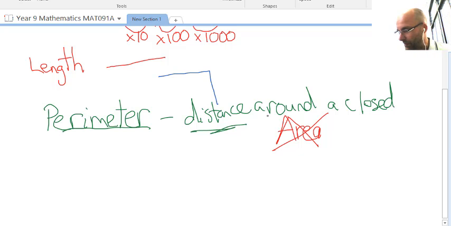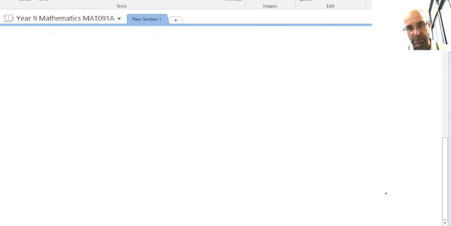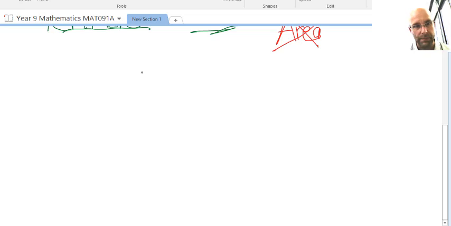So what else do we need to know? Well, finding the perimeter of a simple shape is something you should already know how to do. The thing about perimeter is that sometimes we teach our students to remember a whole lot of formulas for perimeter. I generally don't. Like for a rectangle, length plus width times 2.